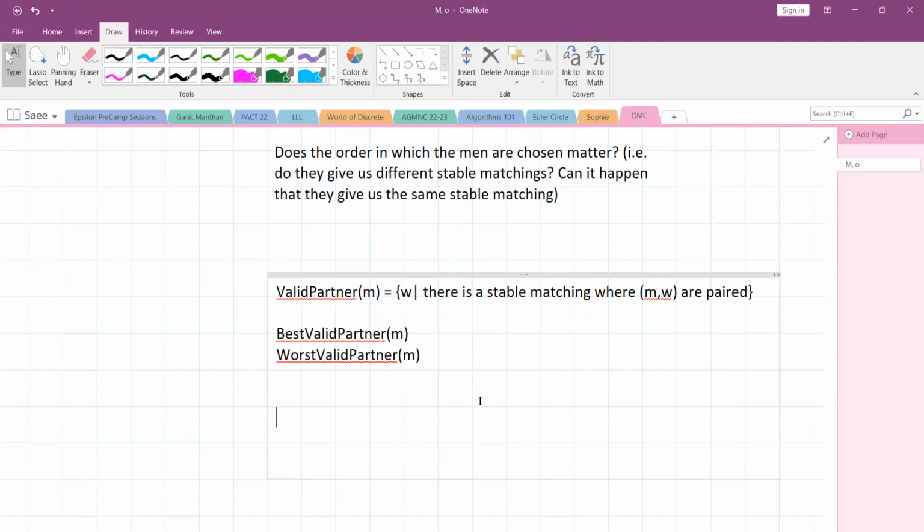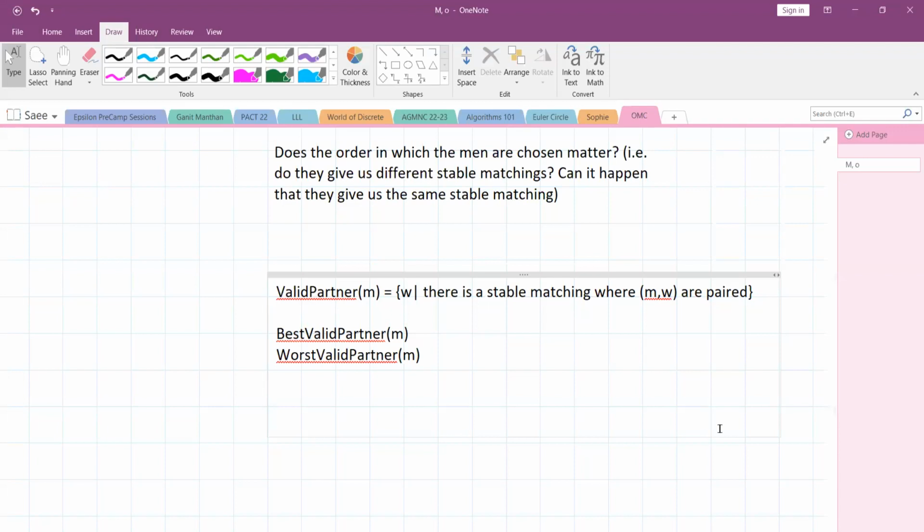So how do we go about proving this? Maybe I should just pause for 10-15 seconds here. But are they not two different questions, about whether the partners of the first group get better or the second group get better, and whether the order in which the men are chosen matters? I think they're separate questions. Oh yeah, that's another good question. So let me clarify.